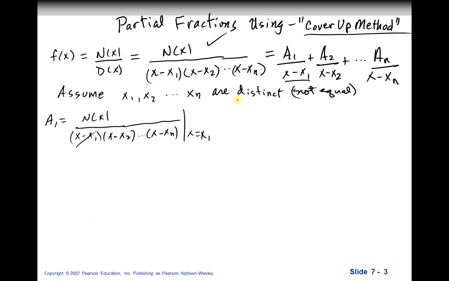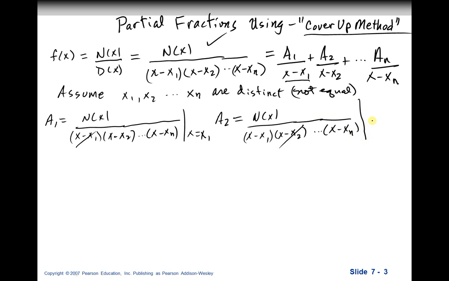And a2 can be written as n of x divided by x minus x1. Don't cover it up, but cover up x minus x2 all the way down to x minus x sub n. Evaluate at x equal x2.